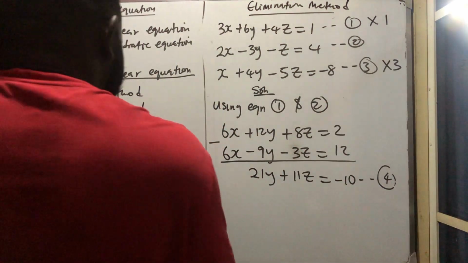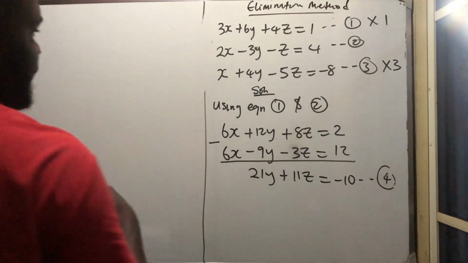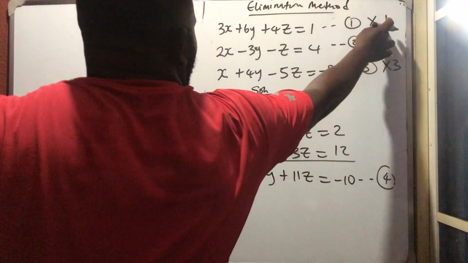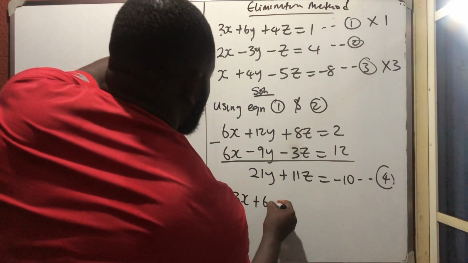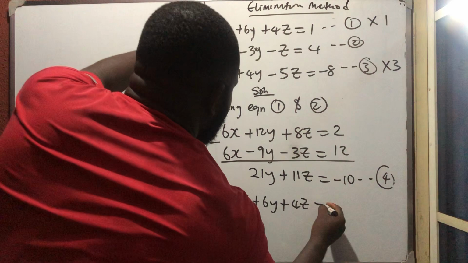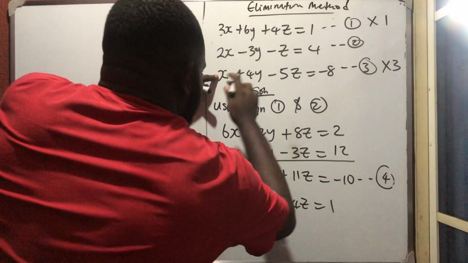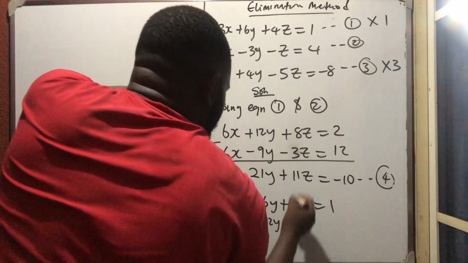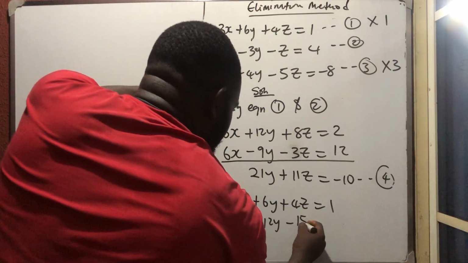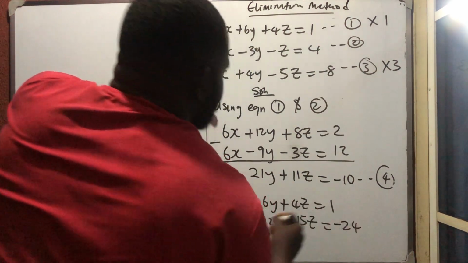So 1 times everything is the same thing, so I'm having 3x plus 6y plus 4z is equal to 1, and 3x, 12y, minus 15z is equal to minus 24.